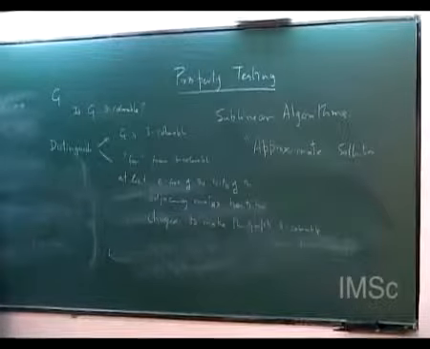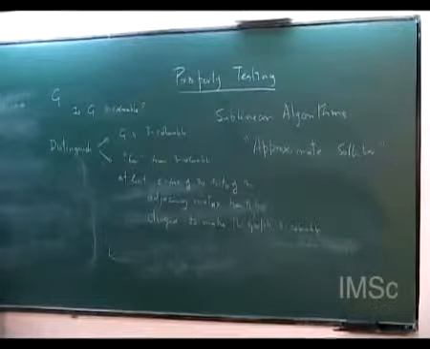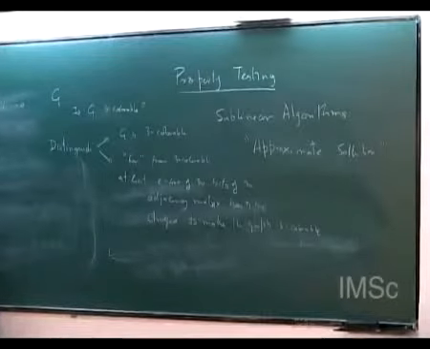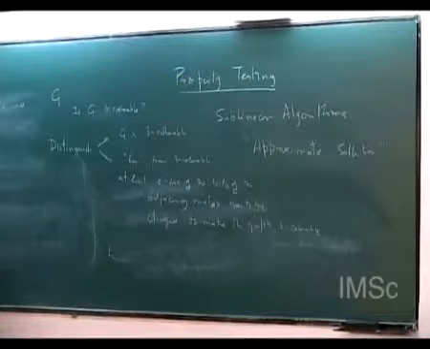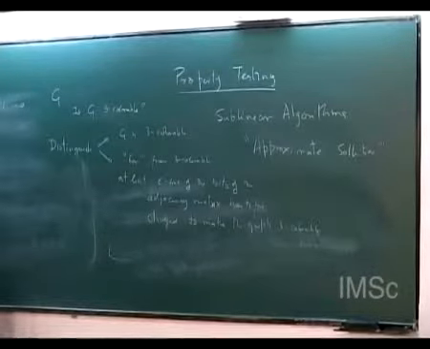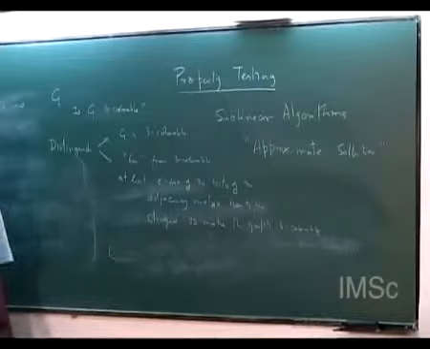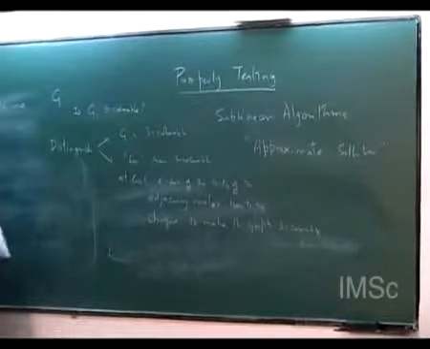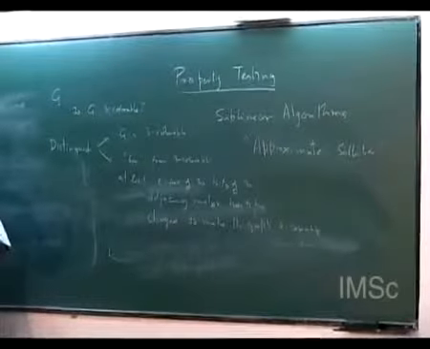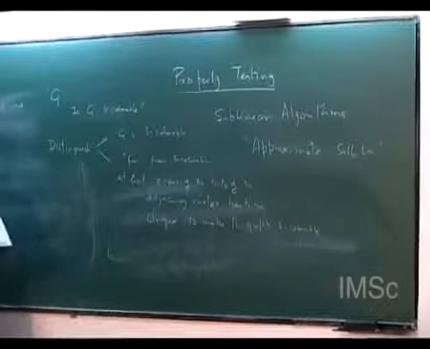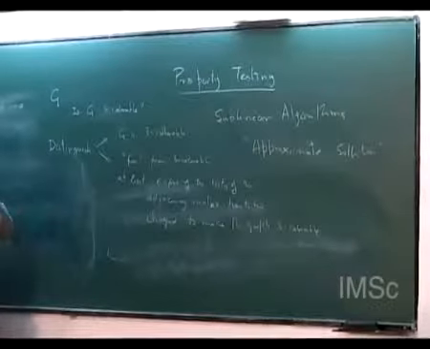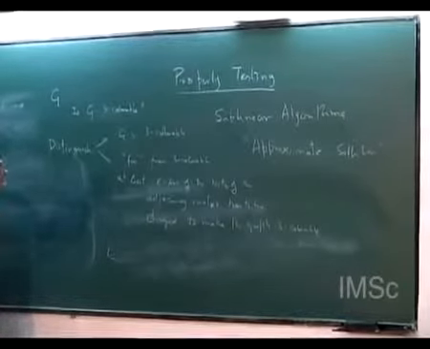So let us consider the following problem. If the graph is very sparse, say the graph is not 3 colorable, it is say 20 colorable, but it just has a clique of size 20 sitting in a huge graph. Okay, n is huge, massive, but it has a clique of size 20 sitting there.